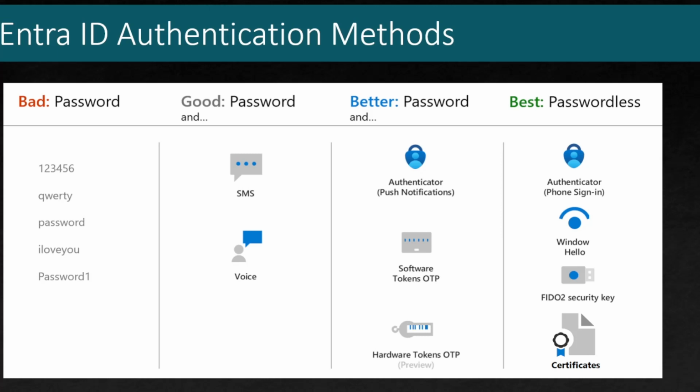Then moving on to an even better solution, which is multi-factor authentication. This amplifies the security by mandating extra verification elements, not just limited to two. So we can see that we have, in addition to the SMS and voice, we could have the Authenticator app sending push notifications. We could have software token one-time passwords, or even hardware token one-time passwords as well.